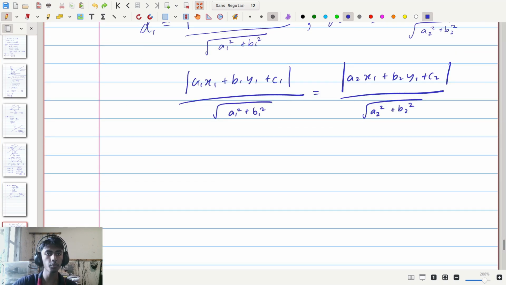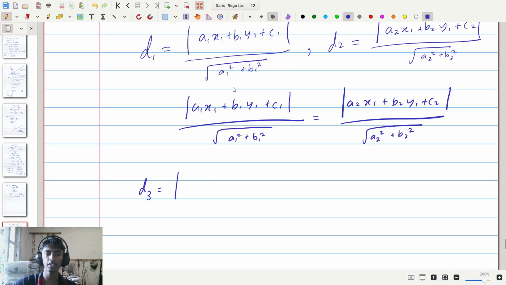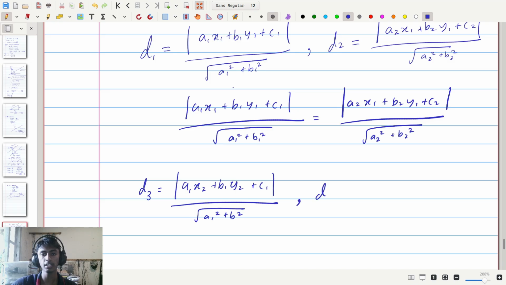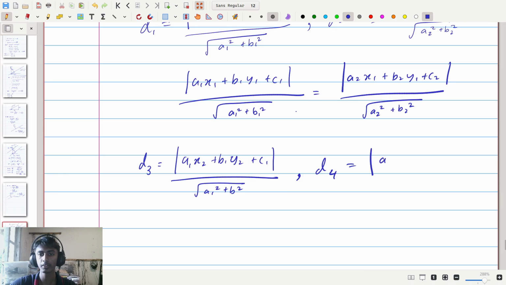Therefore, using the same formula that we derived earlier, d3 must be equal to the absolute value of, we are considering x2 y2 from L1, so this is a1 x2 plus b1 y2 plus c1 divided by the square root of a1 squared plus b1 squared, and similarly d4 is going to be equal to the distance of this point x2 y2 to L2, which is a2 x2 plus b2 y2 plus c2 divided by the square root of a2 squared plus b2 squared.